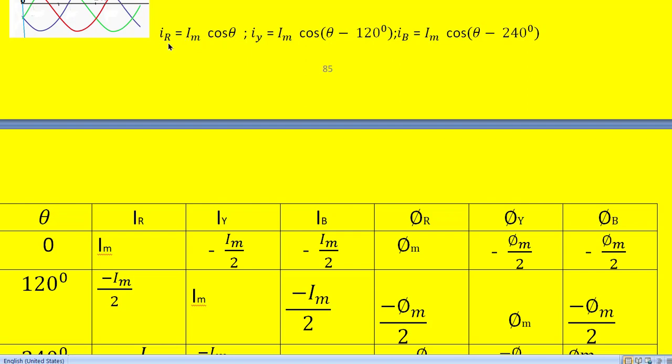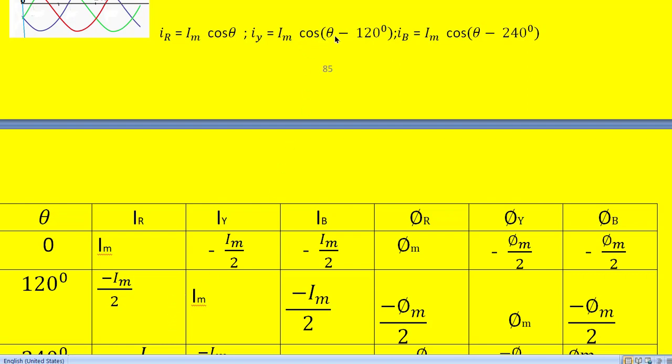So we get IR value equal to minus Im by 2. The meaning of this is that at 120 degrees, the R phase flux is negative in direction, and its magnitude is only half the maximum value of the current. So that is why we write here minus Im by 2.